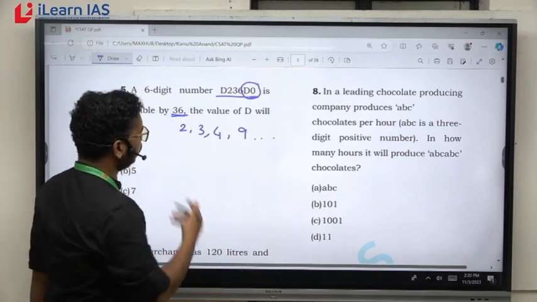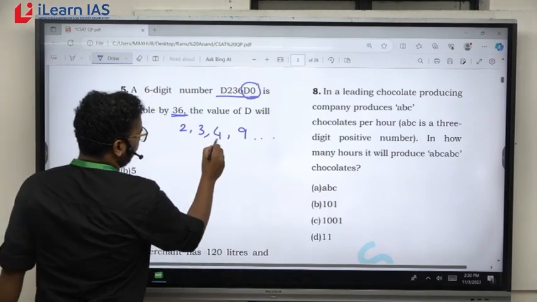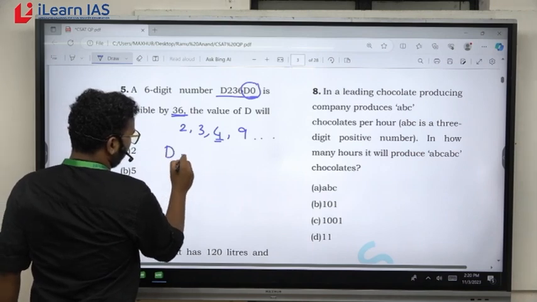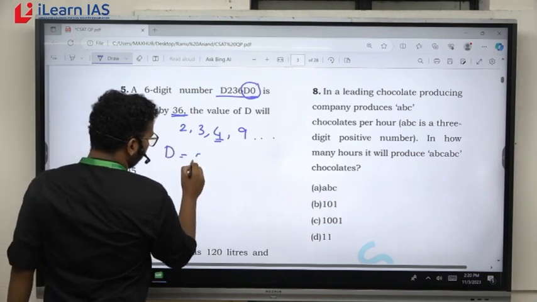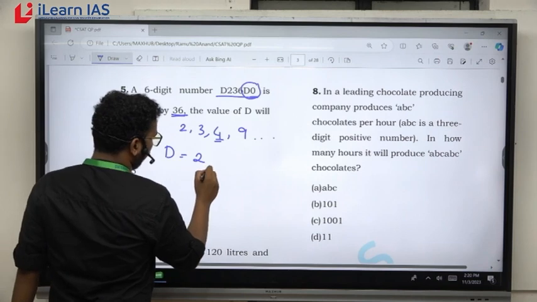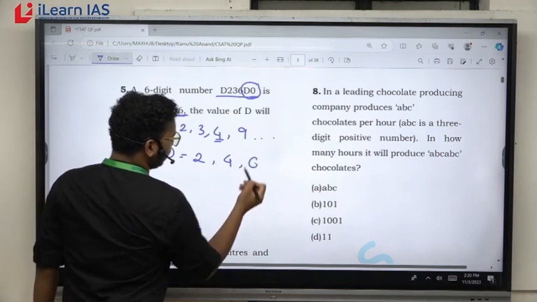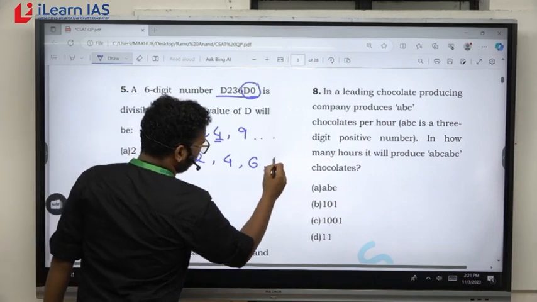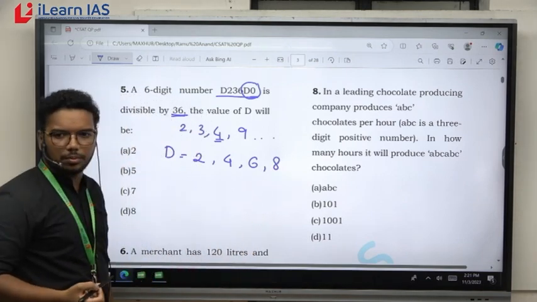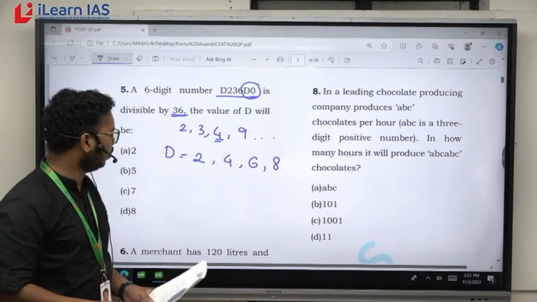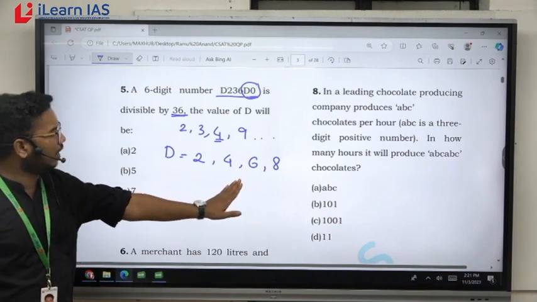So what are the possible values? D must be either 2, since 20 is divisible by 4, or 4 since 40 is divisible by 4, or 6 since 60 is divisible by 4, or 8 since 80 is divisible by 4. Any of these numbers is possible.